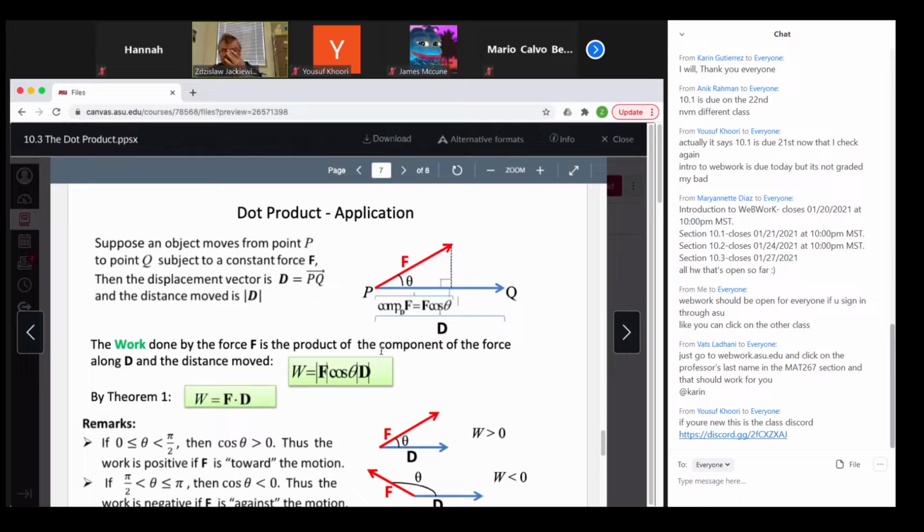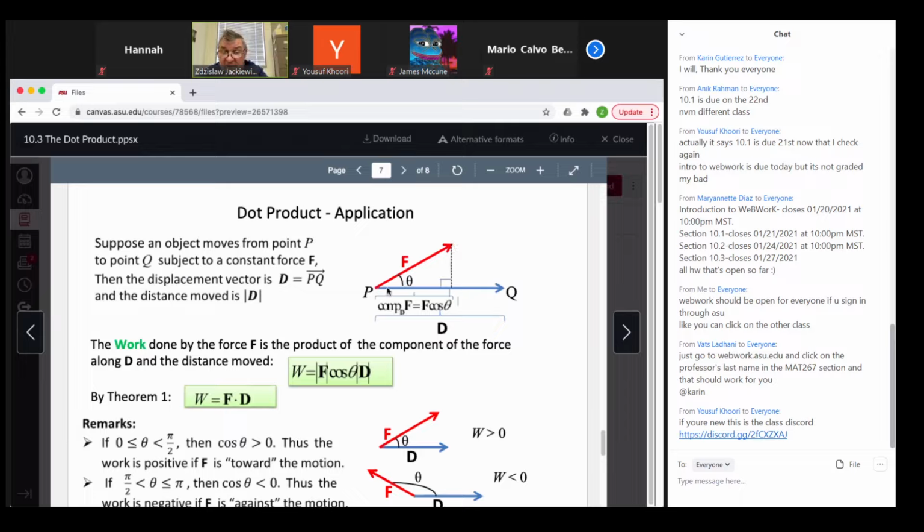Now, the work done by this force: the work is done by the projection of the vector F onto this displacement.